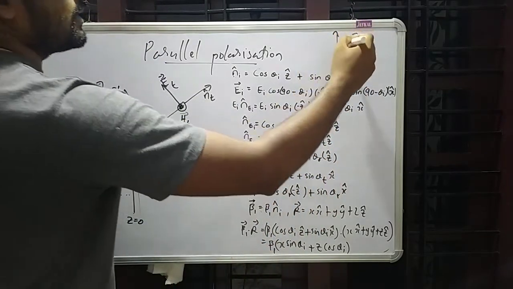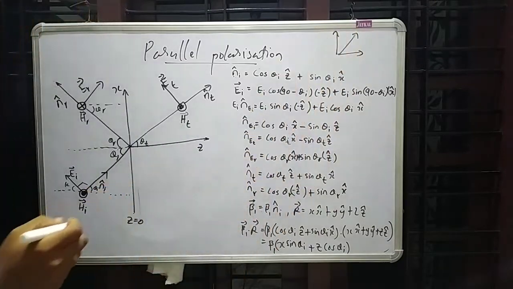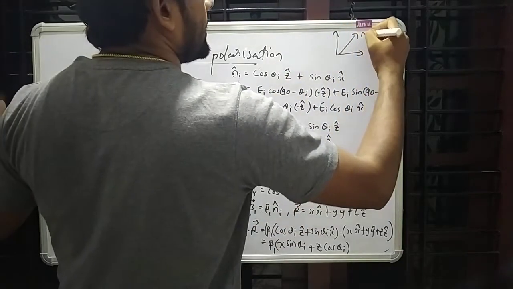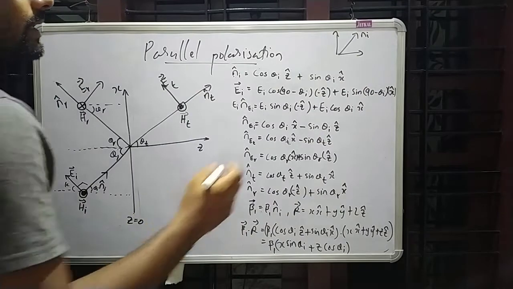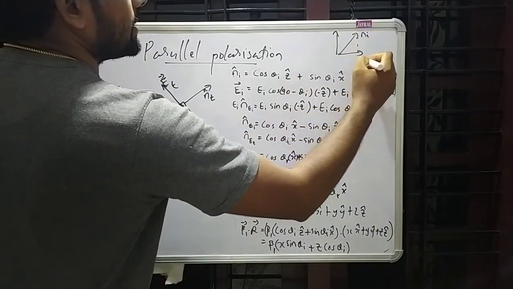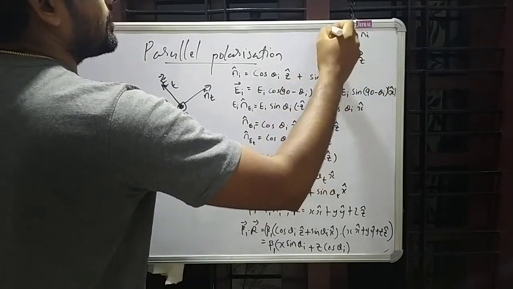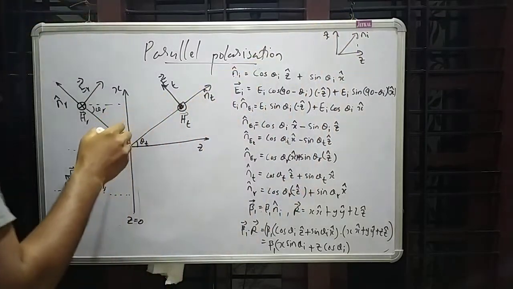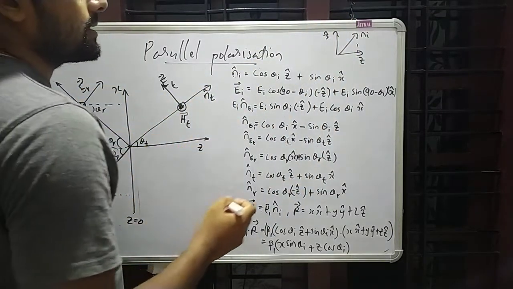This is the unit vector Ni, and this is one component, that is the z component, and this is another component, that is the x component, because this is the x direction and this is the z direction.